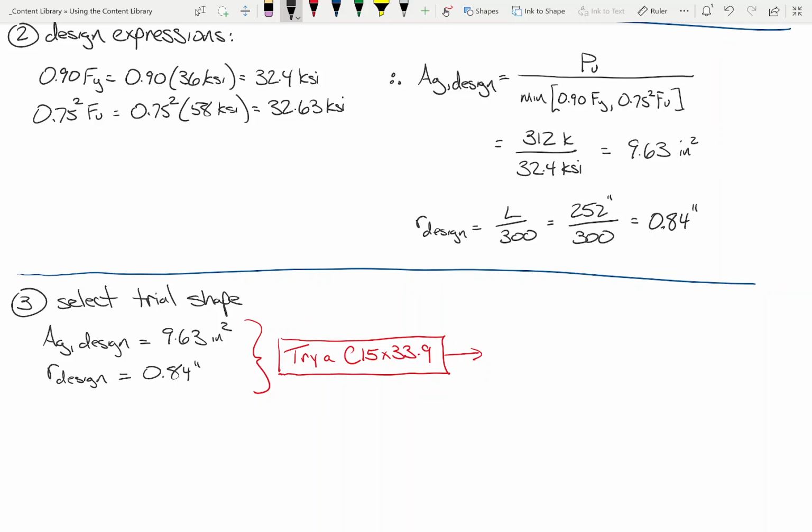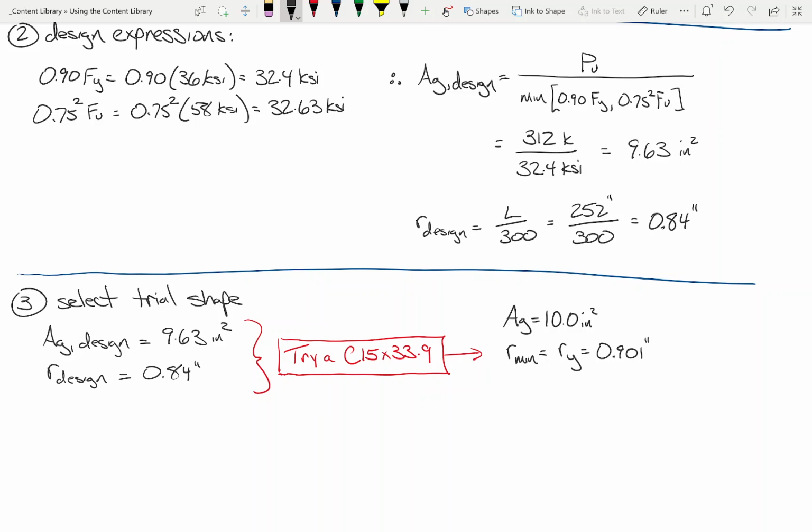Well, let me walk you through this. First off, that's obviously a value we're going to need, right? What's another one? Rmin, which in this case is ry, which is 0.901.